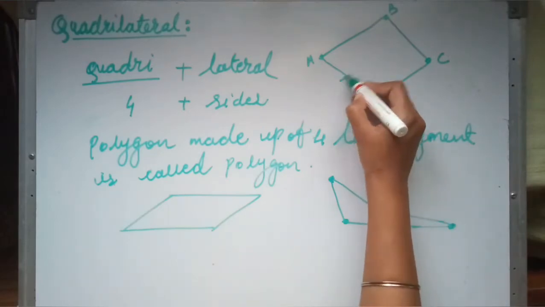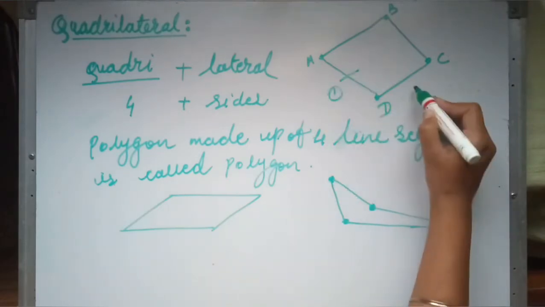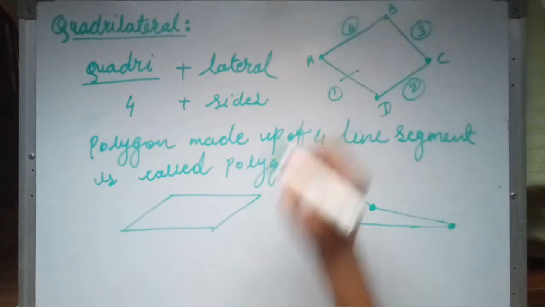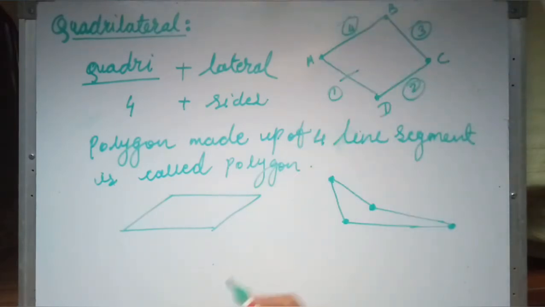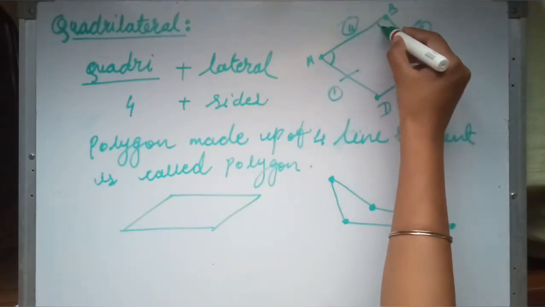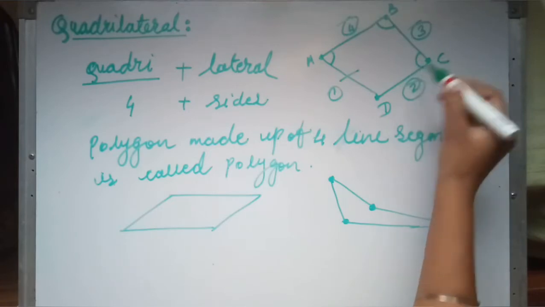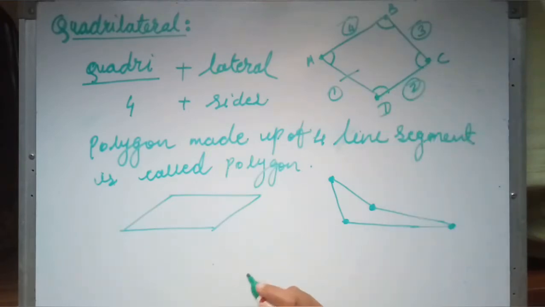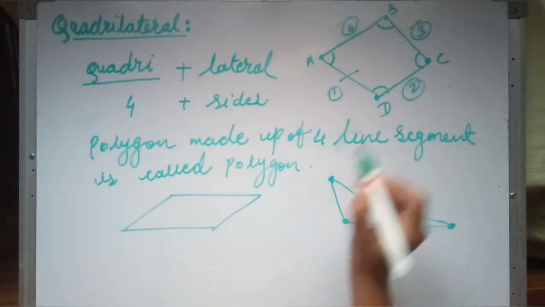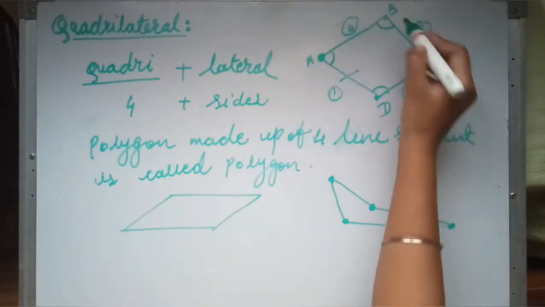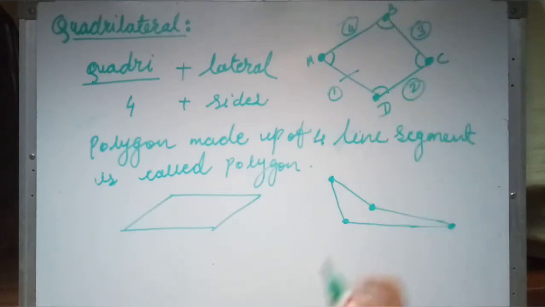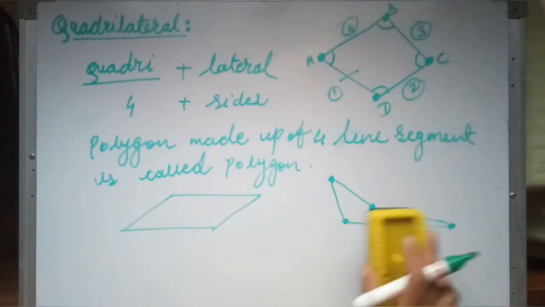Now a quadrilateral has four sides, four vertices and four angles. Four sides means this is side number 1, 2, 3 and 4. Four angles: angle A, angle B, angle C, angle D. And four vertices: A, B, C and D. Clear?